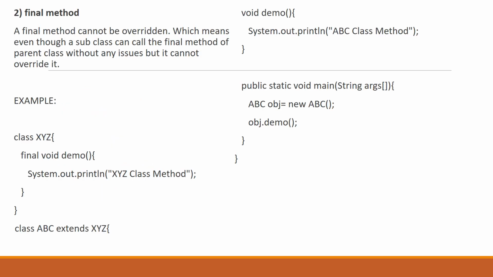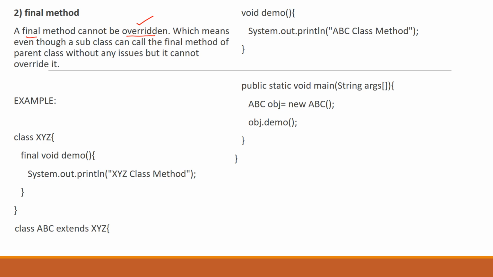In this slide, we'll see about final method. Once a method is declared as final, it cannot be overridden. So this is an important point to note. What is the point? Once a method is declared as final, it cannot be overridden. Which means even though a subclass can call the final method of the parent class without any issues, it cannot override it.